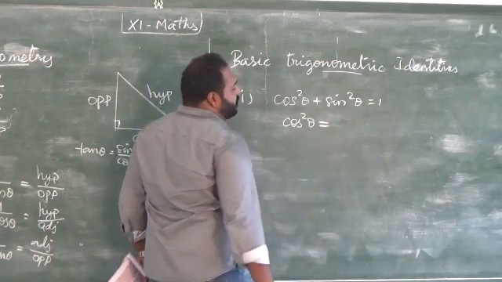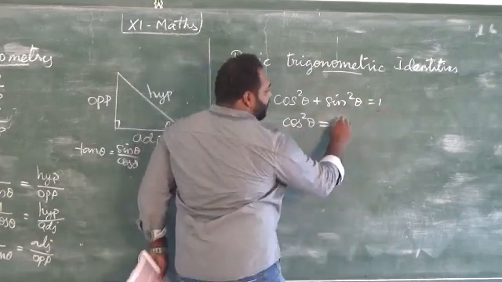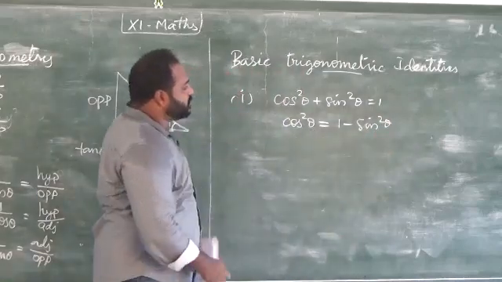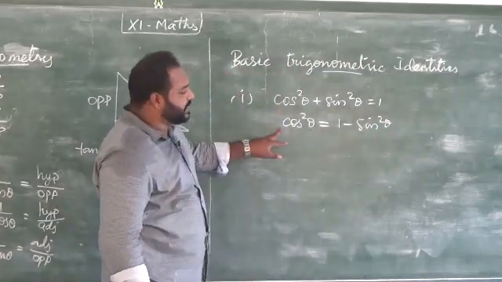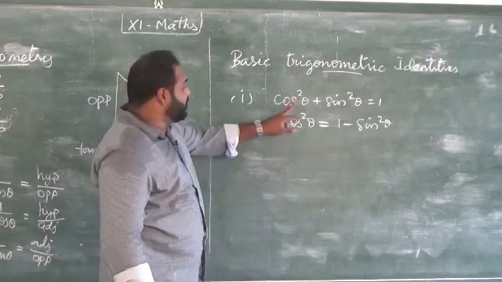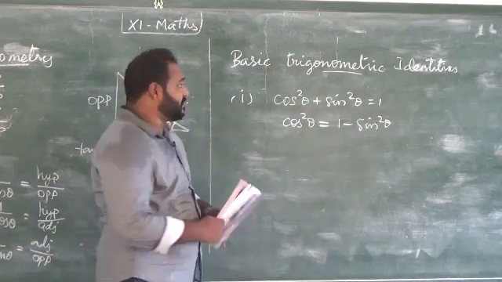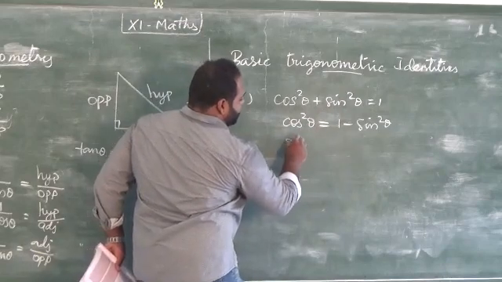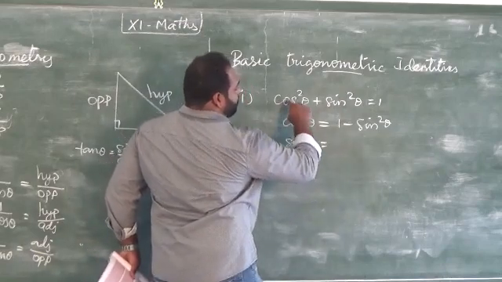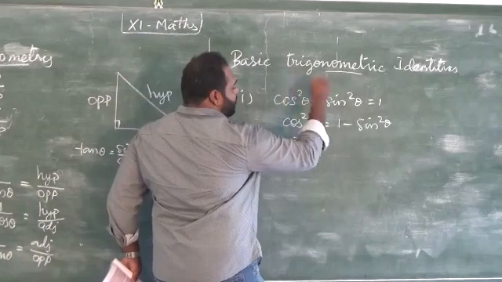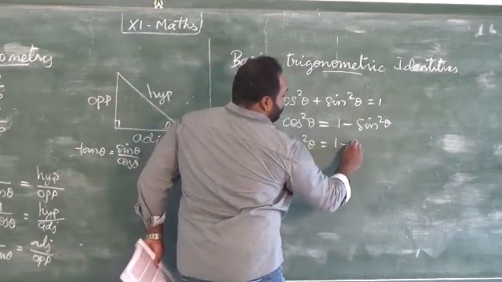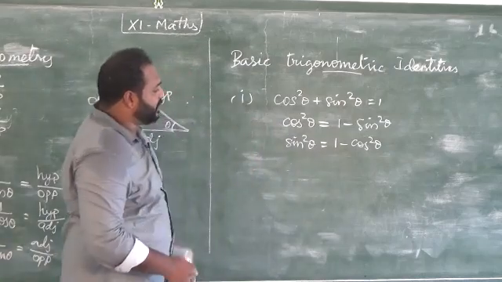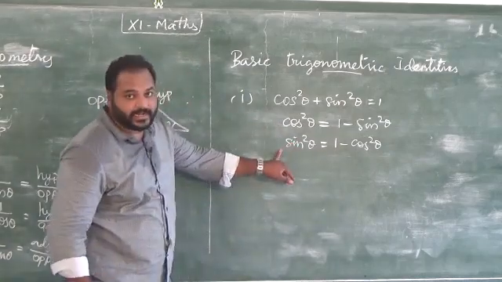Cos square theta equal to, if I take this to the other side, 1 minus sin square theta. So using this identity I just created another identity. Next one is sin square theta, keeping it as it is. We have to take cos square to the other side: 1 minus cos square theta. So from this identity I have created 2 identities.